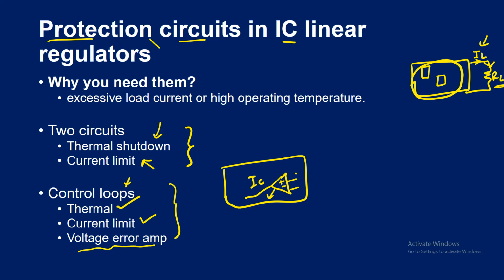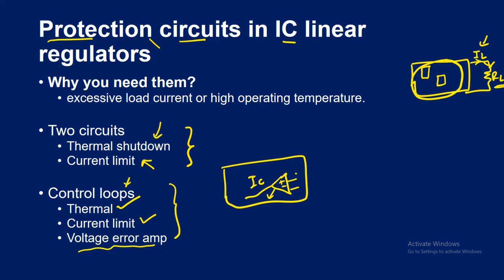All these circuits will be inside the regulator IC, and they will generate feedback based on the output. Accordingly, they will ask the regulator circuitry inside to take appropriate action to limit the damage to the regulator by controlling the load current and the operating temperature.